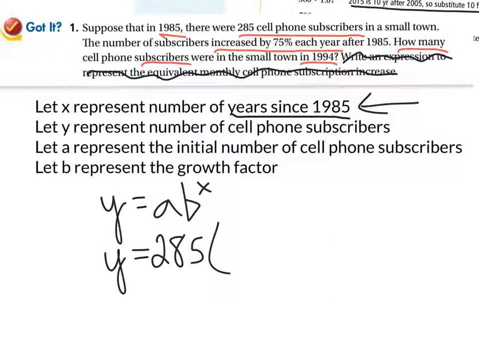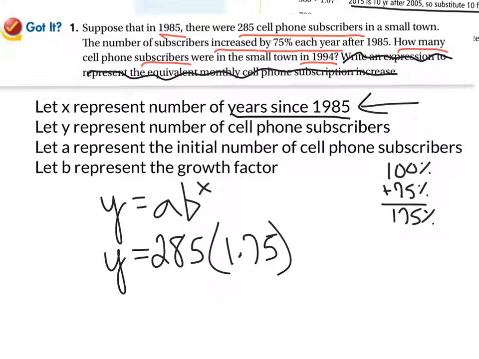B is our growth factor, so saying it's increasing by 75% each year. If you want to, you can say we had 100%. Increasing by 75% is 175%. So if we change that to a decimal, our growth factor would be 1.75, 1 and 75 hundredths.